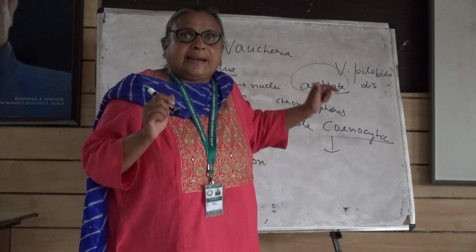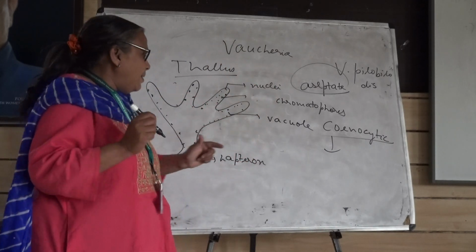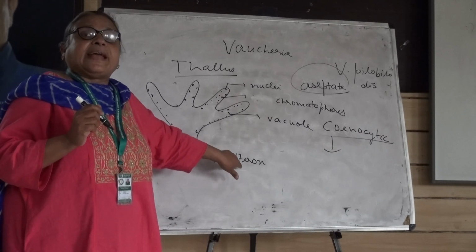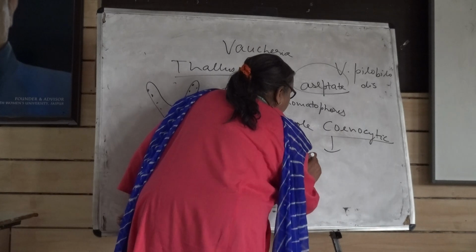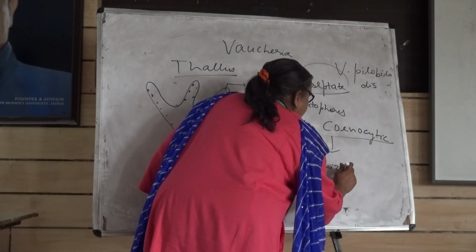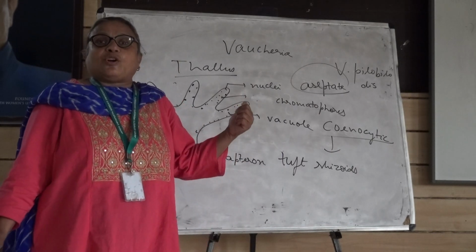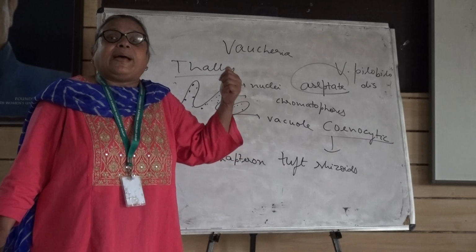Now this thallus is attached to the substratum by means of a colorless hapteron, as you see in the diagram, or by a tuft of colorless rhizoids.